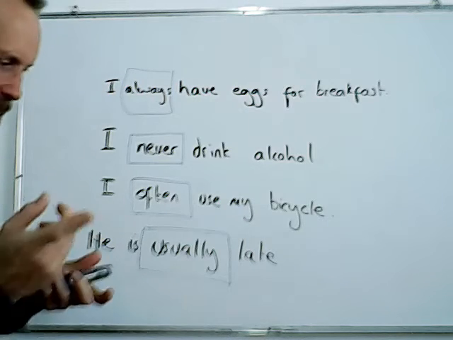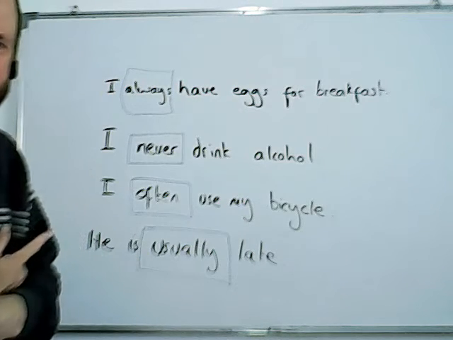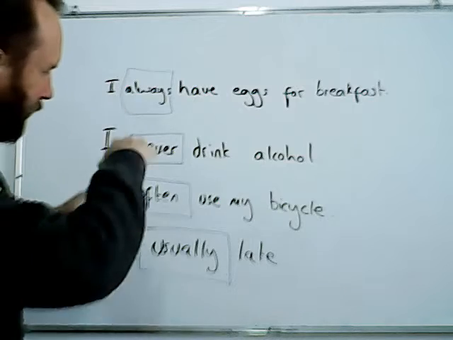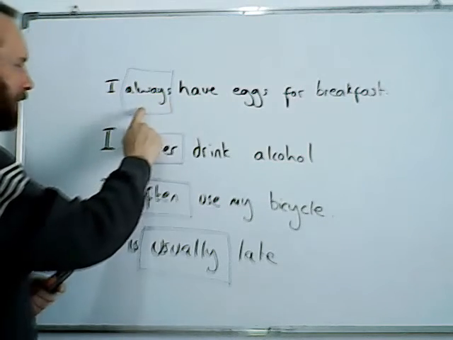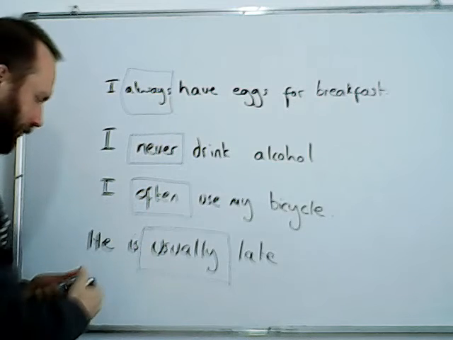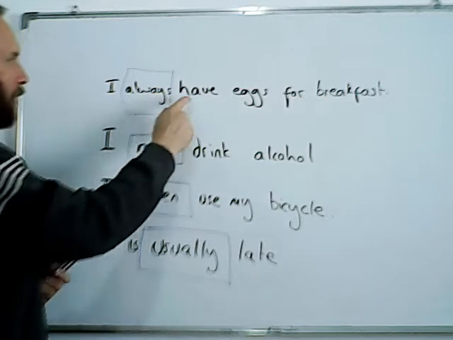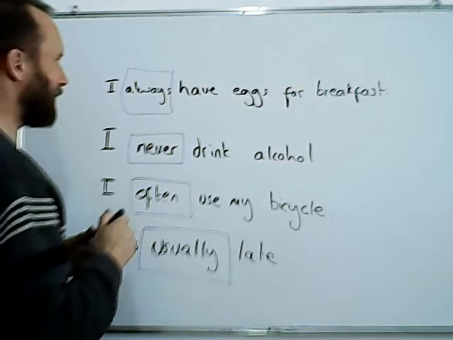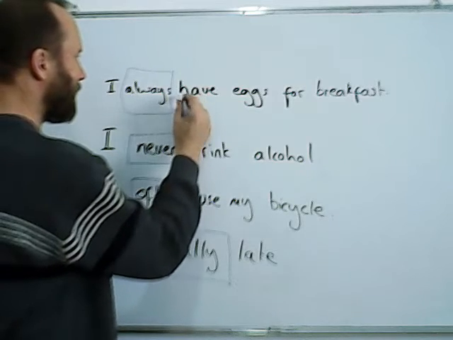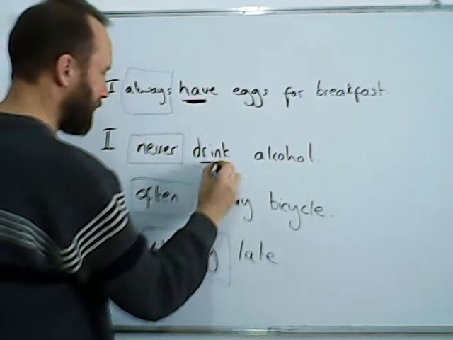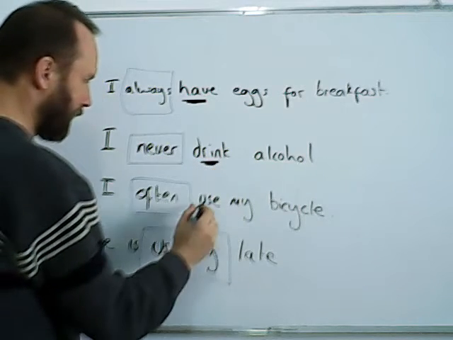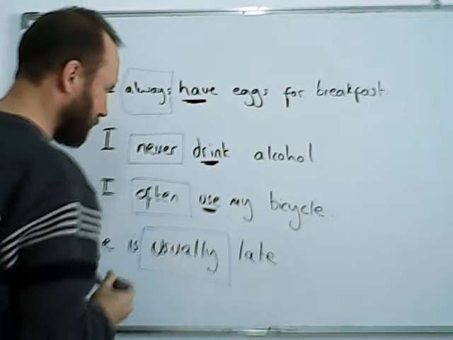Now then, some interesting things to pick up from the sentences I've put on the board, and then I'll write the other ones in order for you, okay? Where do we put the adverb of frequency? Where is the verb in this sentence? The verb in this sentence is have. The verb in this sentence is drink. The verb in this sentence is use.